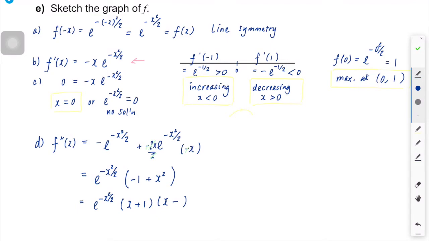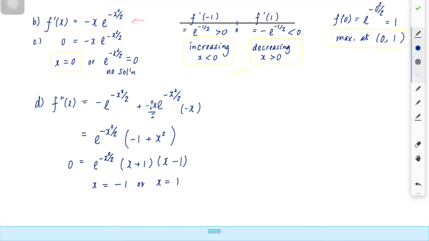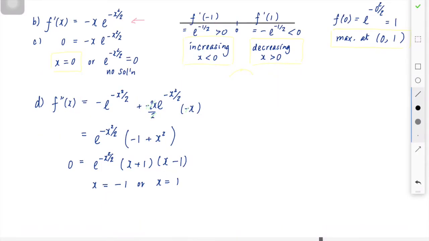In this case, if I set f double prime to 0, x is either negative 1 or positive 1. Okay? Now let's check the sign of f double prime, the second derivative, so that we can confirm the concavity of this particular function.